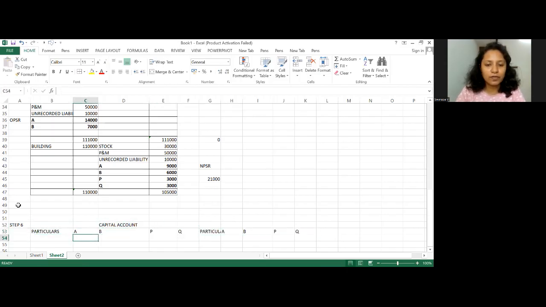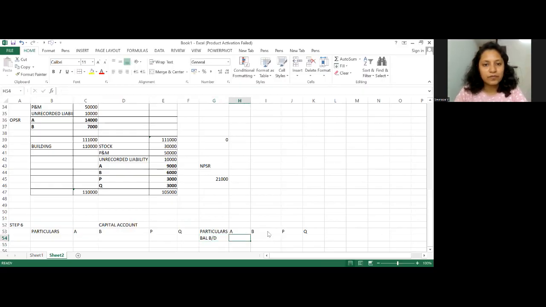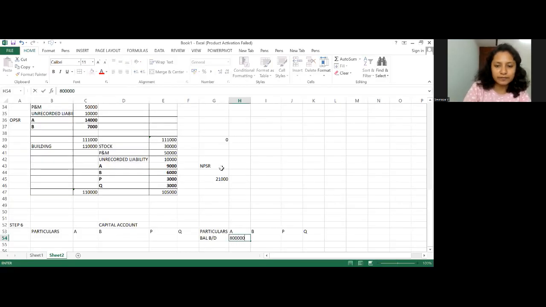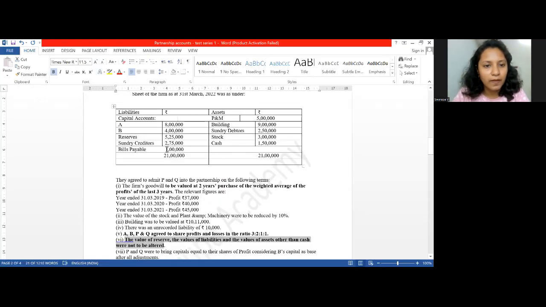Okay. So we have the capital account. Now, what is the balance? Balance brought forward is 8 lakh and 4 lakh. Then there is reserve of 5,25,000.